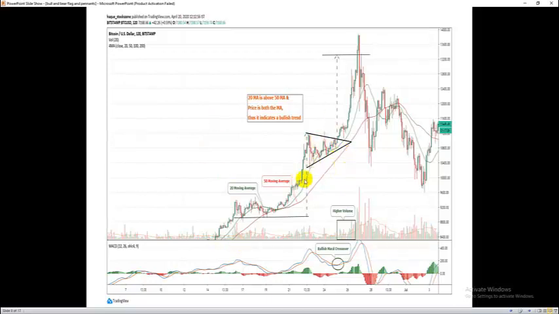Then you cannot successfully call this a bullish flag or a bullish pennant. You cannot, because remember, this is a continuation pattern. You must continue the previous trend. The trend here is bullish, so you are expecting it to go up. So if you see it breaks below this, then this strategy fails.